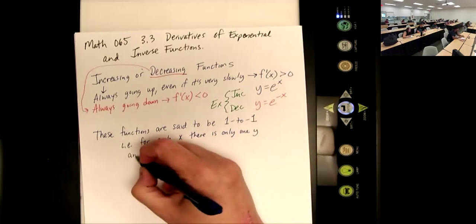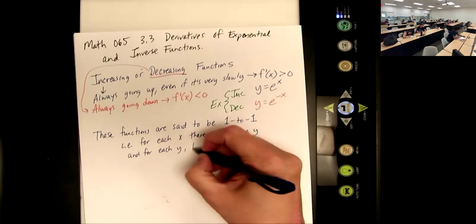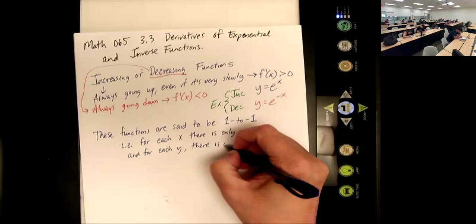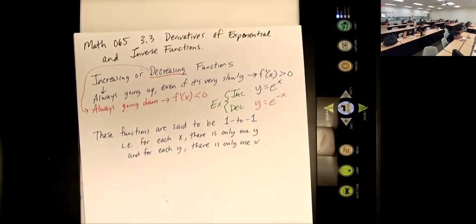And for each y, there is only one x. And these functions have inverses.